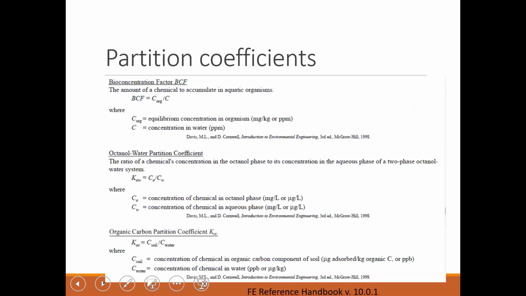The FE gives you a number of these. They give you a bioconcentration factor, which is specific for an organism, an octanol-water partition coefficient, which I just gave you, and an organic carbon partition coefficient, which is based on the organic carbon in soil or sediment.